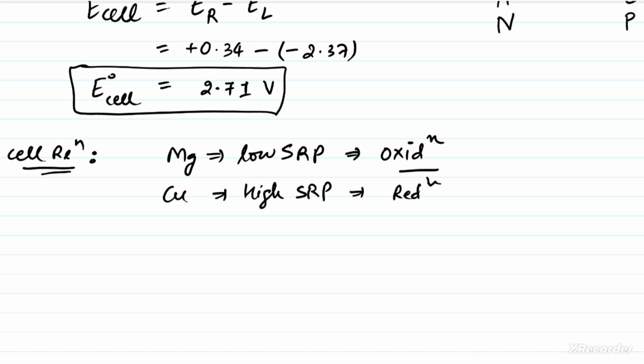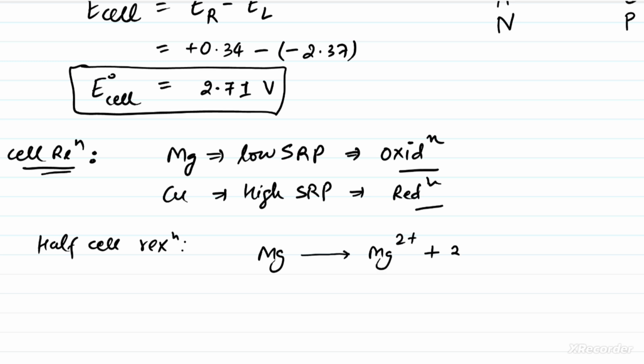So for these two we can write half-cell reactions for both of them. How? For magnesium, we can write that magnesium will give 2 electrons because it is undergoing oxidation, and copper will accept these 2 electrons since copper is in +2, and get reduced. Okay, so this is copper solid.